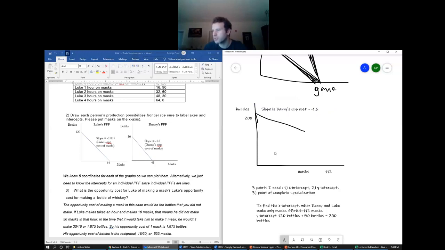So for this piece, Danny's making masks, he's giving up bottles, so he's giving up a certain number of bottles per mask. And I actually want to be more specific with what I said here. Danny's opportunity cost for masks.